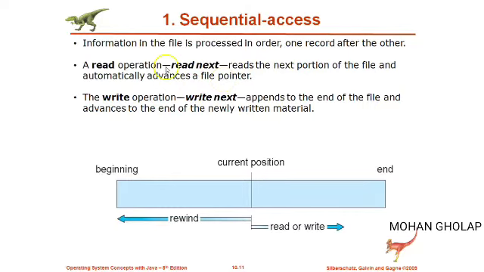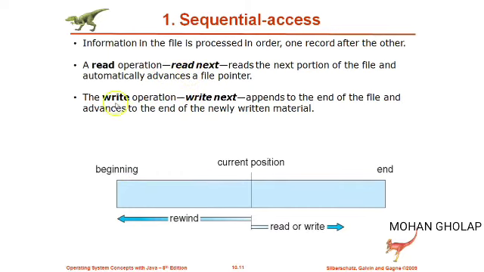Whenever you call this read next system call, we know that in a file there is a pointer that is called the file pointer. Starting from that file pointer it is going to read the next portion in that file, and after reading that portion it is going to forward that pointer automatically to the next portion.